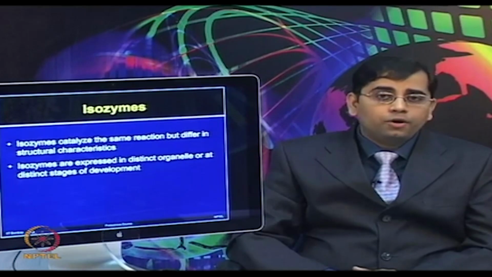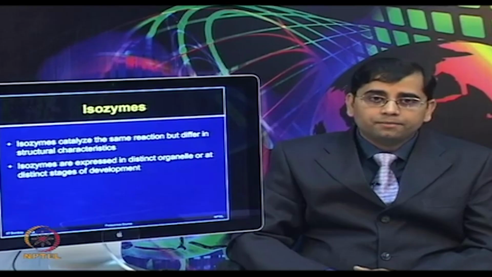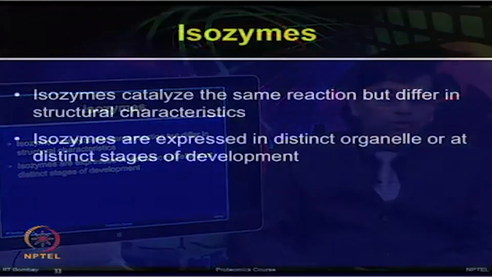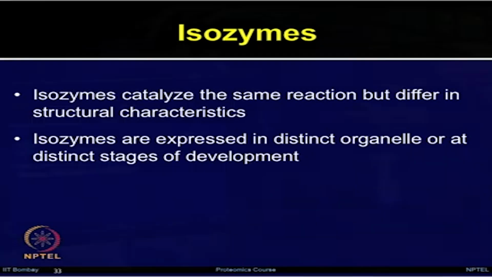Isozymes or isoenzymes are multiple forms of enzymes. The isozymes catalyze the same reaction, but differ in structural characteristics. Isozymes allow varied regulation of the same reaction at distinct locations. They differ in Km value, Vmax and regulatory properties.